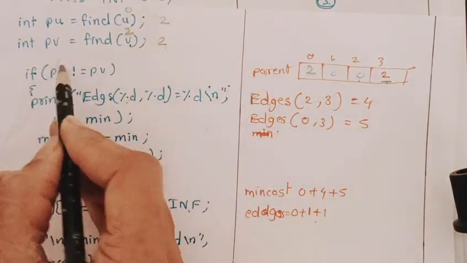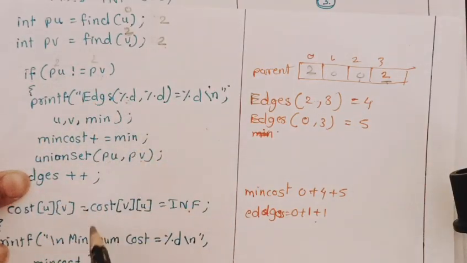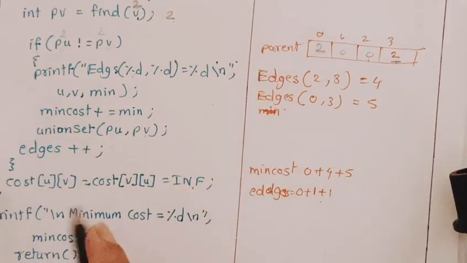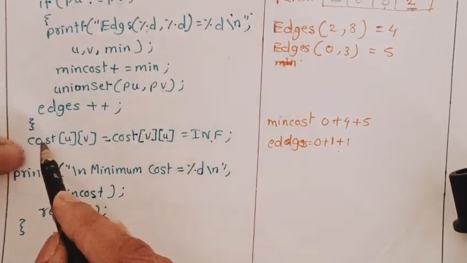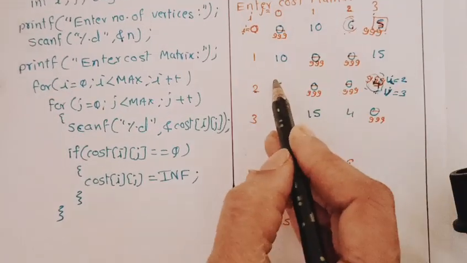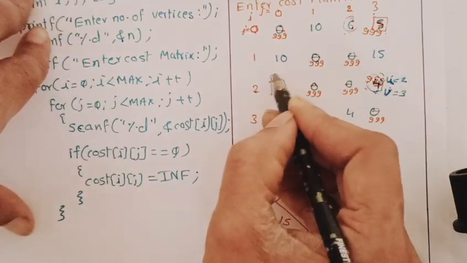So you have to check whether 2 is not equal to 2. This condition will become false, so we can't execute the further statements here. Okay. So we can skip that one. And this one we will change, that is cost of UV we are changing to INF. Next is this one. This one or this one we have to change to INF.